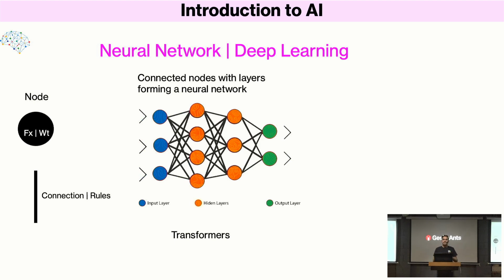Like for example, if I say a cat, I say a cat has whiskers, a cat has this kind of hair, a cat has this kind of colors. A cat will not be in cyan color. That's a very weird color. I have never seen a cyan color cat till now. So these are some of the rules I'm going to apply.